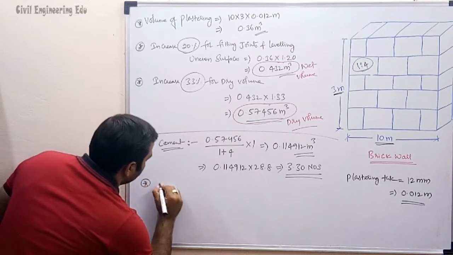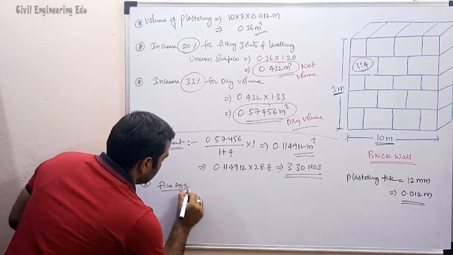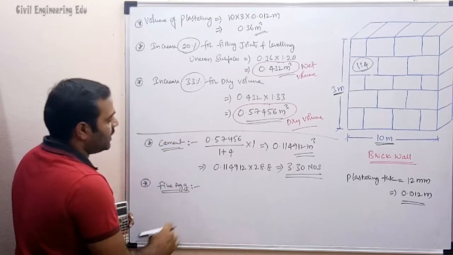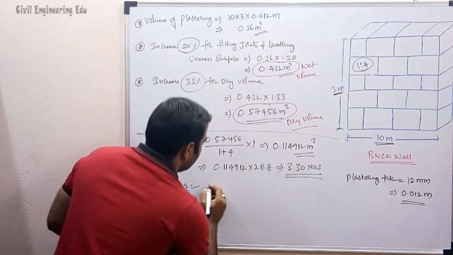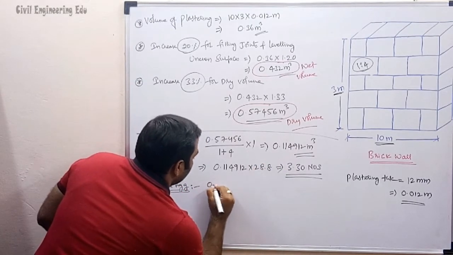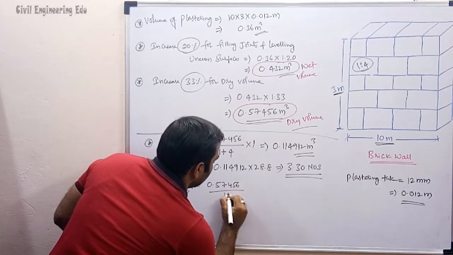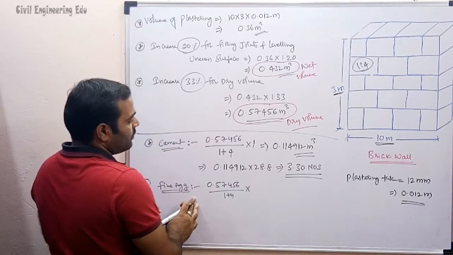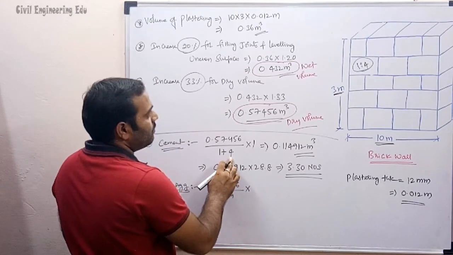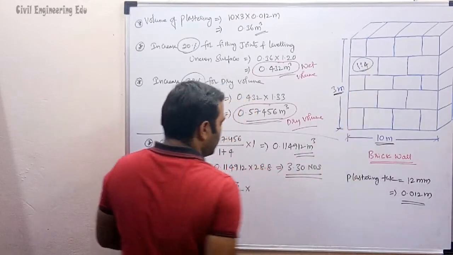Next one is fine aggregate. In case of fine aggregate, the same procedure: 0.57456 divided by 1 plus 4. Here we need to multiply with 4 because cement is occupying 1 unit and fine aggregate is occupying 4 units.